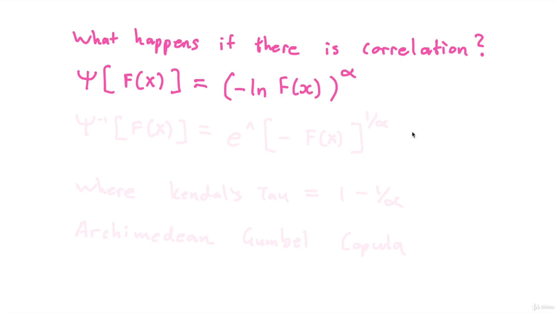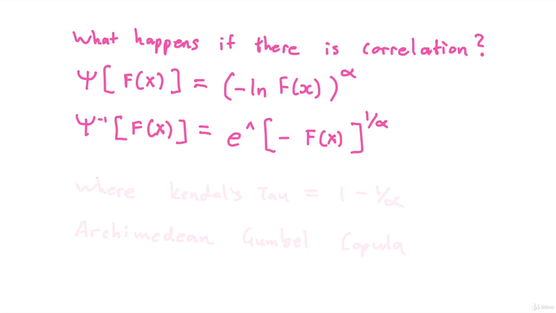But the whole idea with copulas is that not only do you have a generator function, you also want the inverse of the generator function. This is where the maths can get a little bit tricky, but if you're quite solid with your maths, you shouldn't have any problem: the generator is negative ln F(x) to the power of alpha. The inverse of that is the exponential of negative F(x) to the power of 1 divided by alpha.